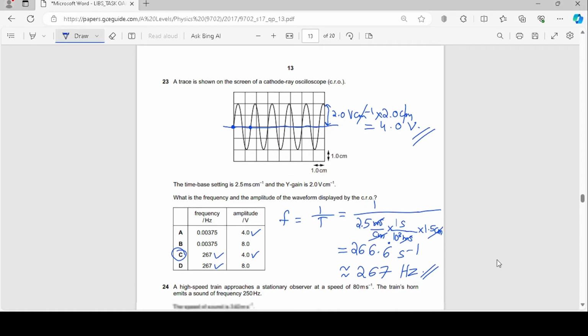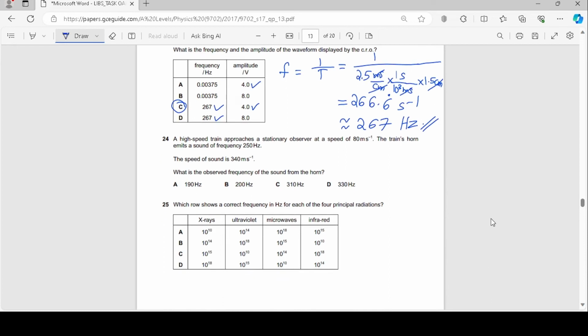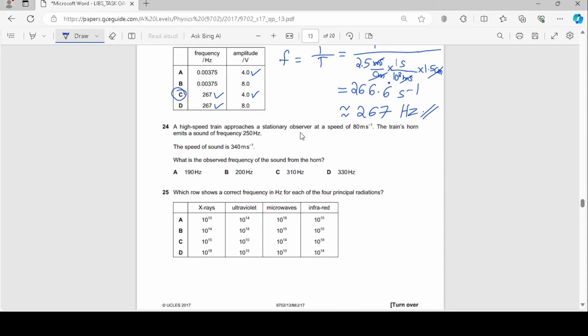Okay, so next question. A high-speed train approaches a stationary observer at a speed of 80 meters per second. The train's horn emits a sound of frequency 250 Hz. The speed of sound is 340 meters per second. So what is the observed frequency of the sound from the horn?